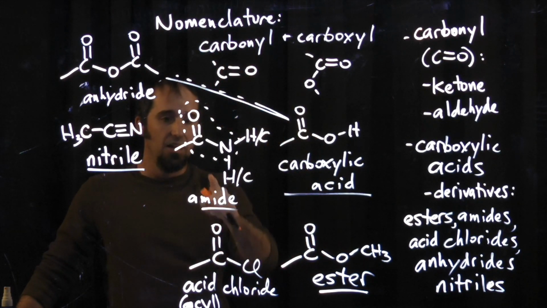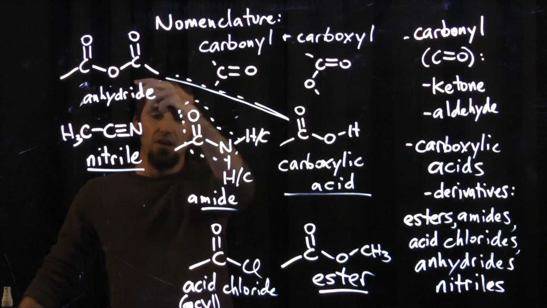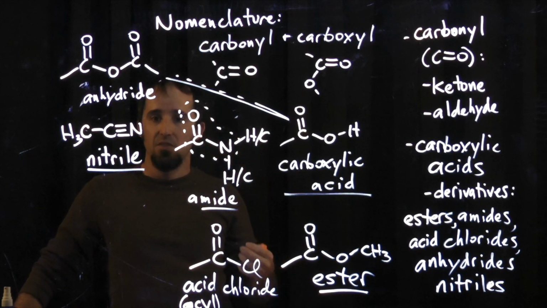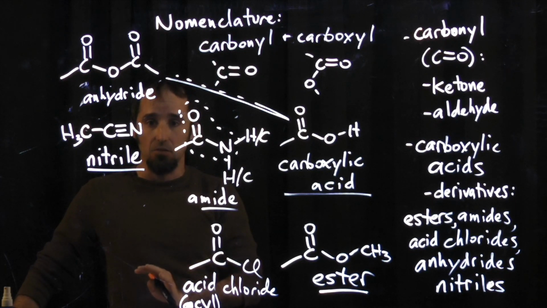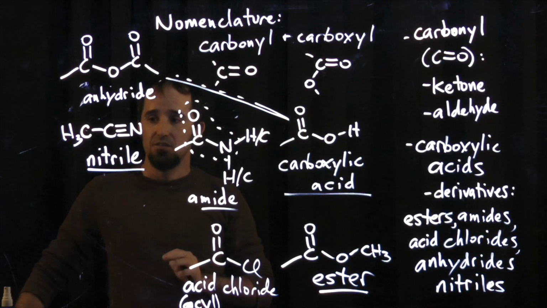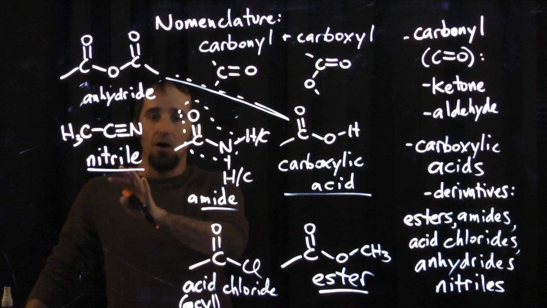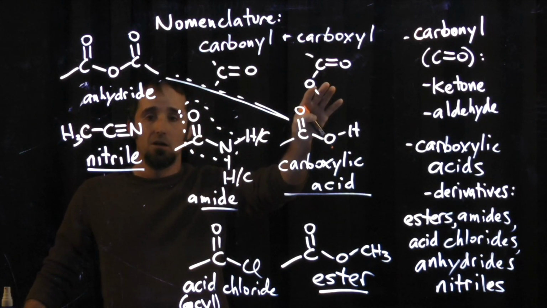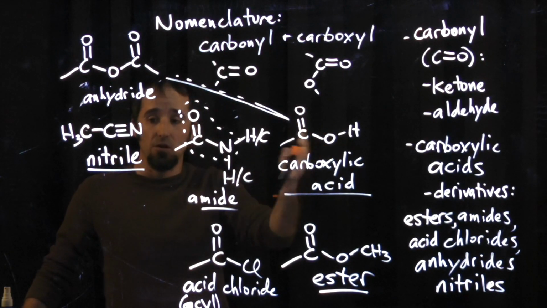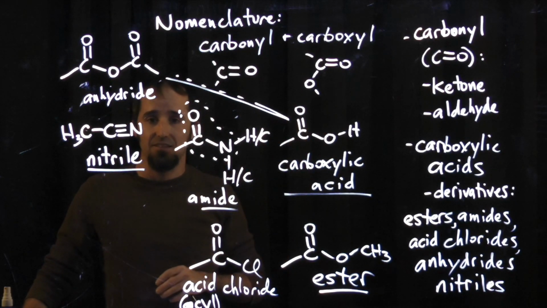Esters, acid chlorides, amides, anhydrides, all of them have a carbon that has 3 bonds to something that is electronegative, whether it's oxygen, nitrogen, or chlorine. Okay? And again, we don't need to get into reactivity right now, but suffice to say that nitriles are made from carboxyl groups pretty readily. We can go back and forth between nitriles and carboxylic acids.